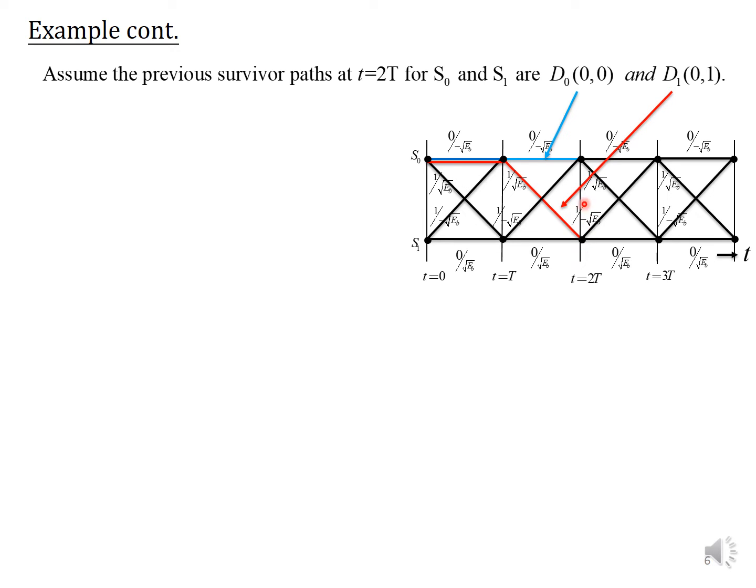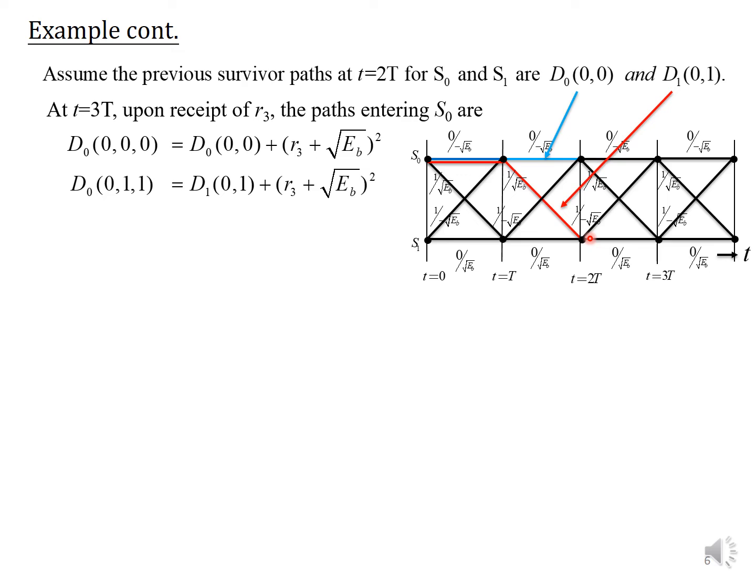The previous survival path for S0 is this blue path, and this red path is the survival path for S1, right? So those are the two survival paths associated with S0 and S1.